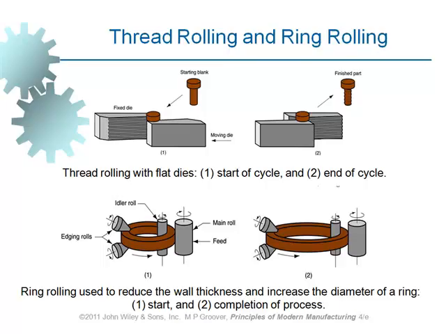When it is rolled between two dies, just like this, some threads are produced on the surface of the material without any removal of the material. And this method is often used for mass production of screws and bolts.